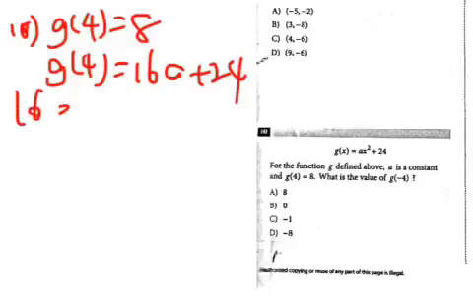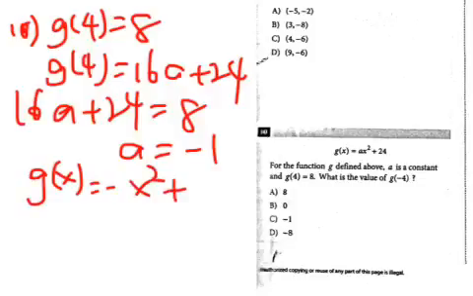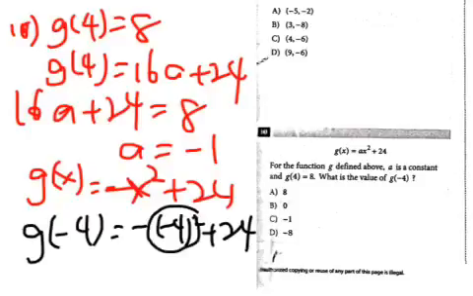So 16a plus 24 equals 8, and if you do the calculations, a equals negative 1. So then I have g(x) equals negative x squared plus 24, and now x is negative 4. Plug it in: negative 4 squared is a positive 16, and with the negative in front it is negative 16 plus 24, you still get 8. This is one of the ways.